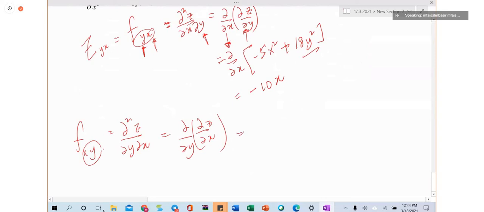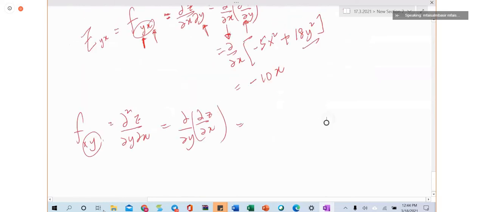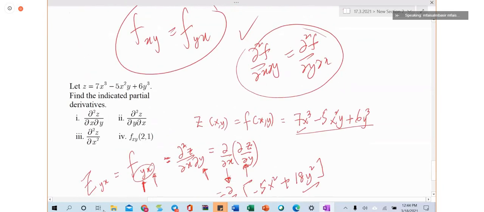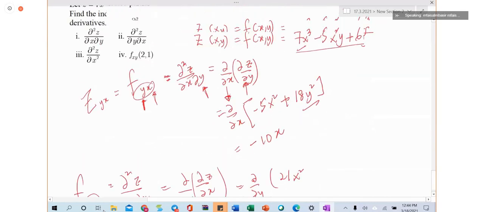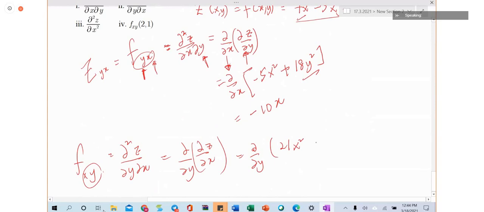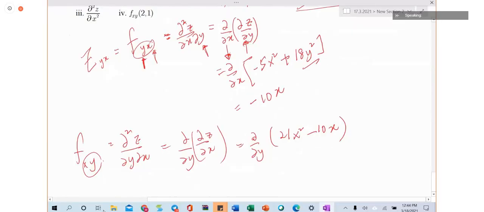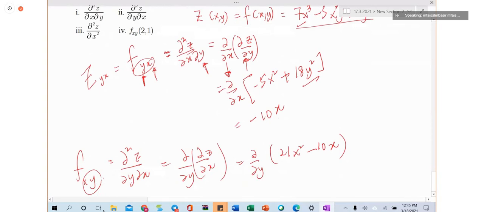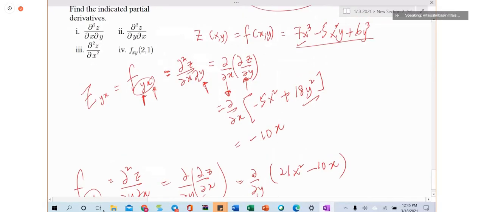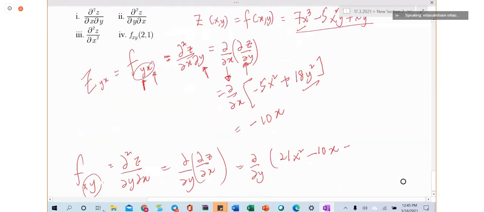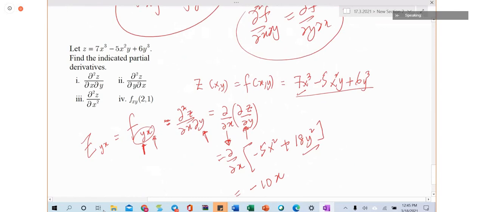So del z over del x is 21x squared, minus 10xy, plus 6y cubed, right?